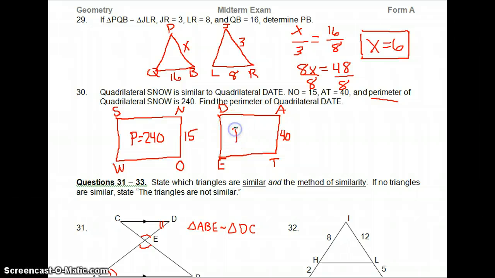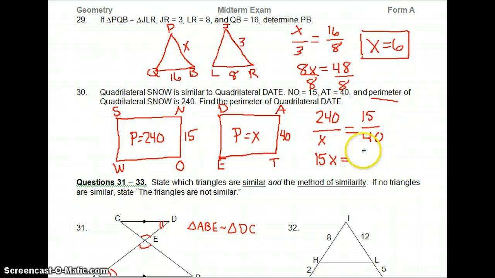So this is going to be P equals X. So we can just set up a ratio, 240 over X equals 15 over 40. Cross multiply, that gives us 15 X equals 9,600. Divide both of those by 15. And X equals 640.